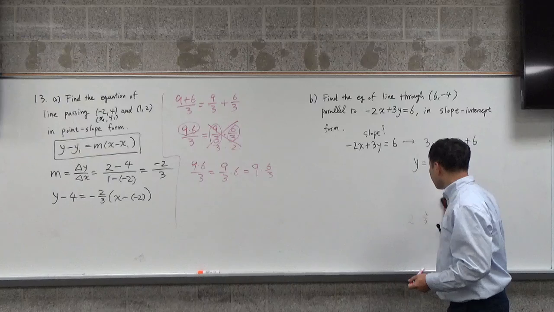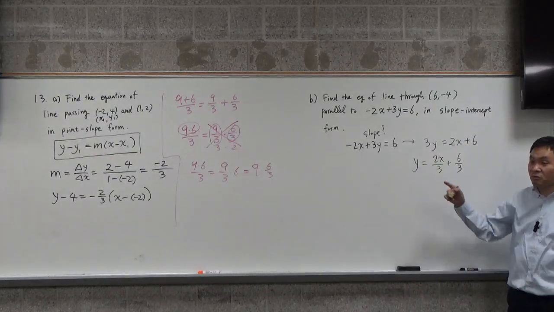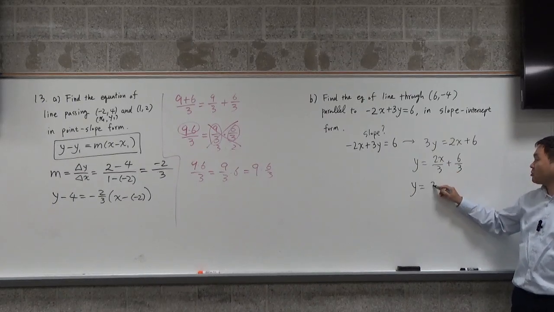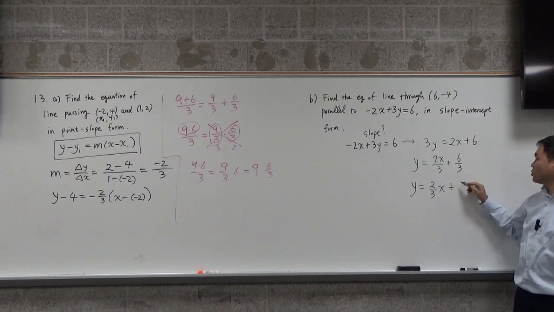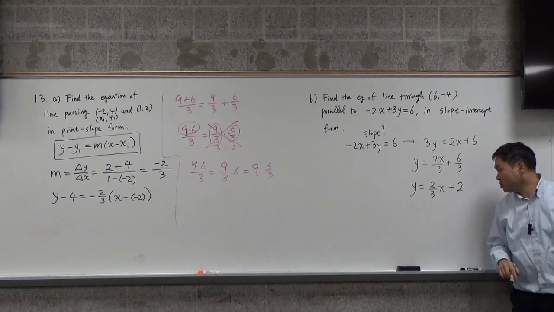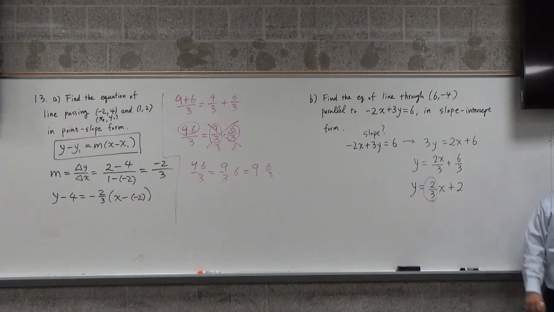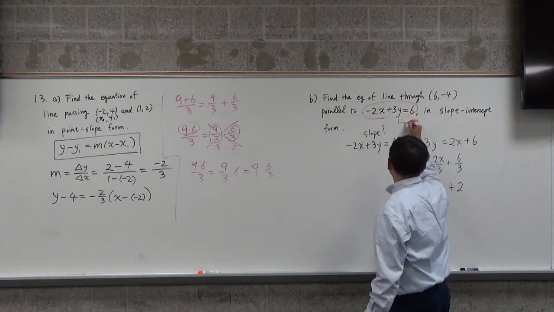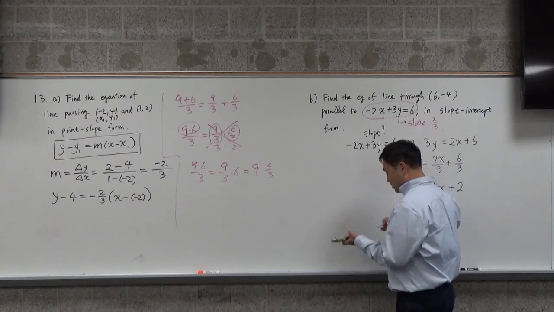So let's rewrite this right side by making use of what we just observed, that 2x over 3 can be written as 2 over 3 times x plus 2. 6 over 3 is 2. And we can say that this is the slope. So that means this equation has slope of 2/3.